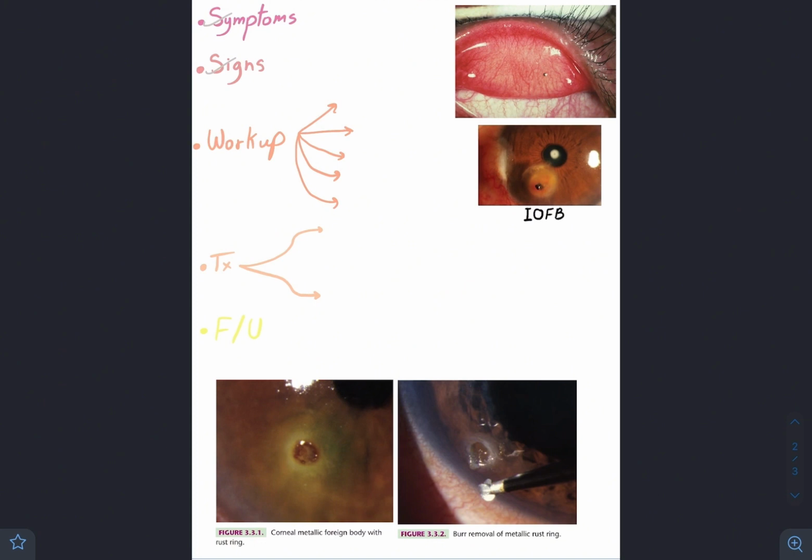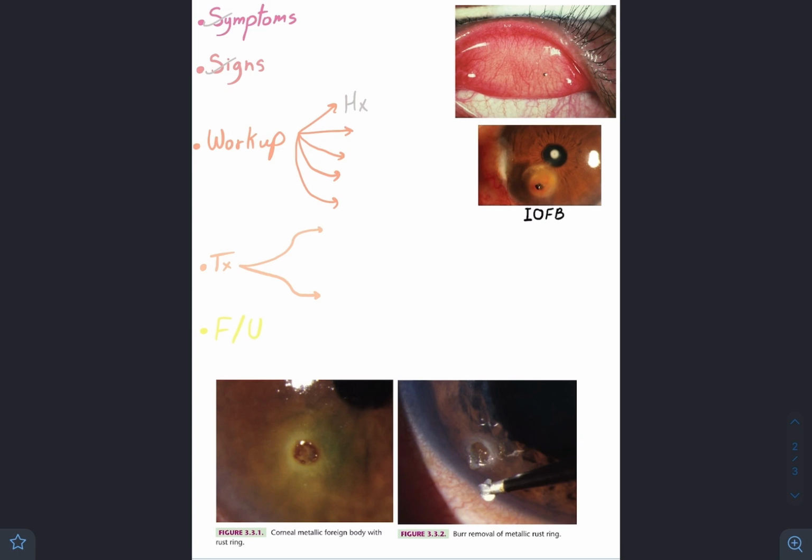Well, first of all, you're going to have to dig deep in the history and ask everything you need to know. The mechanism: was the patient injured with metal striking metal, for example, a power tool or a weed whacker? These strong instruments could indicate an intraocular foreign body, like you can see in this picture.